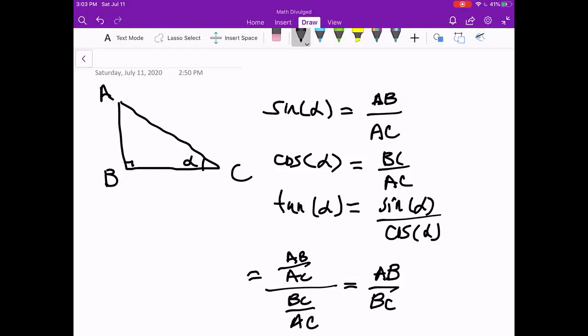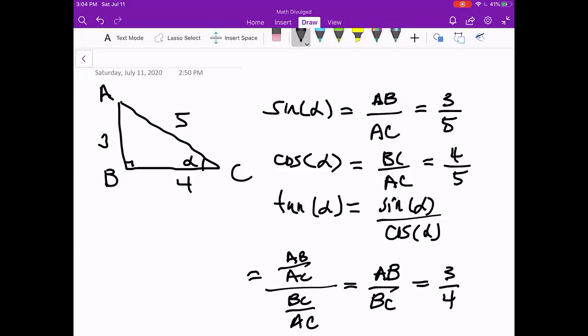And so these expressions have values. Let's say AB was 3, BC was 4, and AC was 5. It's a standard 3, 4, 5 right triangle. Then sine would be 3 over 5, cosine would be 4 over 5, and tangent would be 3 over 4. And that's only for this particular angle alpha.